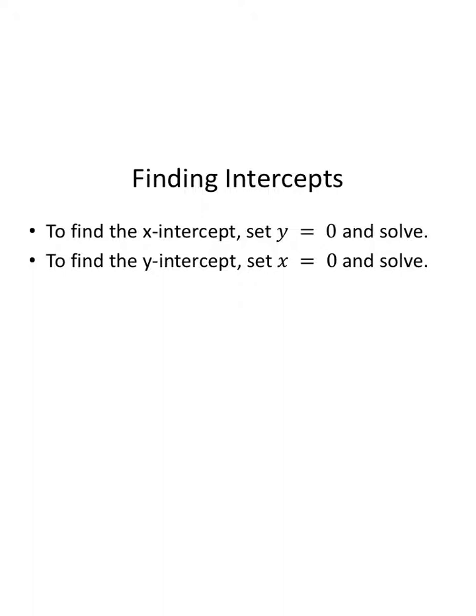In order to find intercepts, a little quick and dirty here. If I have a graph, x and y axes, the x-intercept is where a graph will cross the x-axis, and a y-intercept will be where a graph crosses the y-axis. Notice, for the x-axis, there's no height to it.